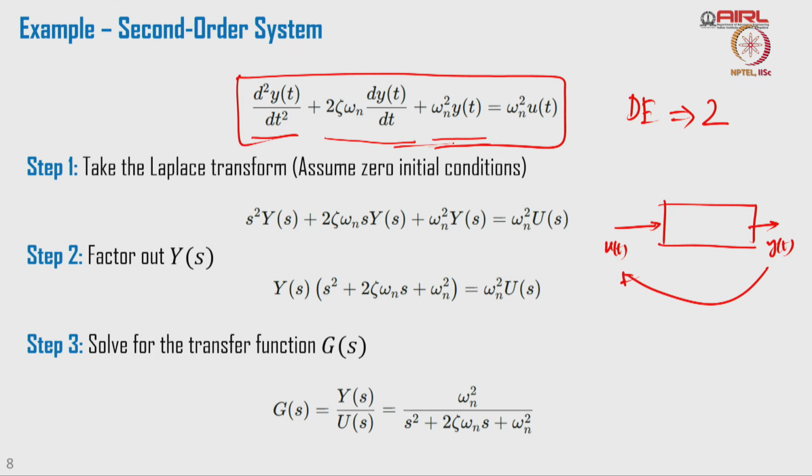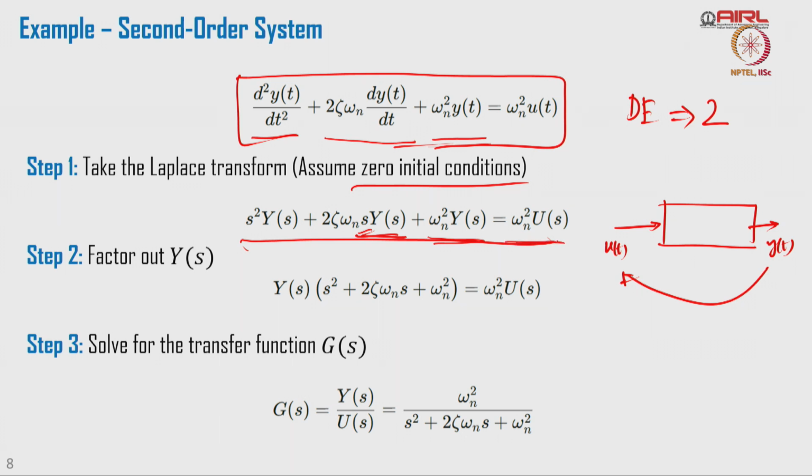Now, we take the Laplace transform with 0 initial condition approximation. It takes this shape, second order derivative. So, it becomes s square multiplied by Y(s), then this is Y(s) multiplied by s, and here it becomes omega n square Y(s), here it is omega n square U(s), fine.